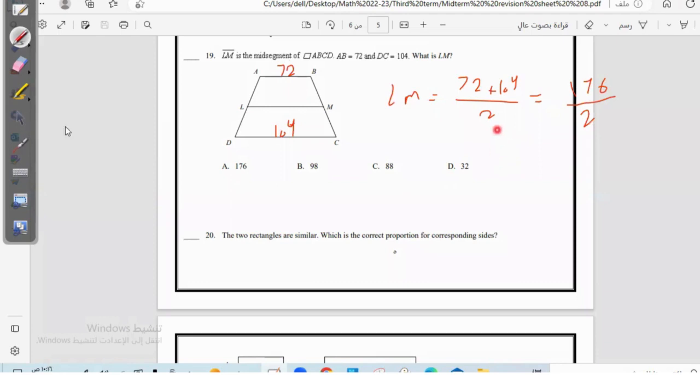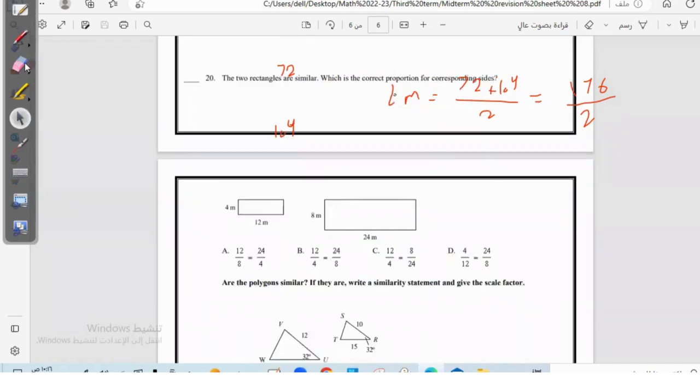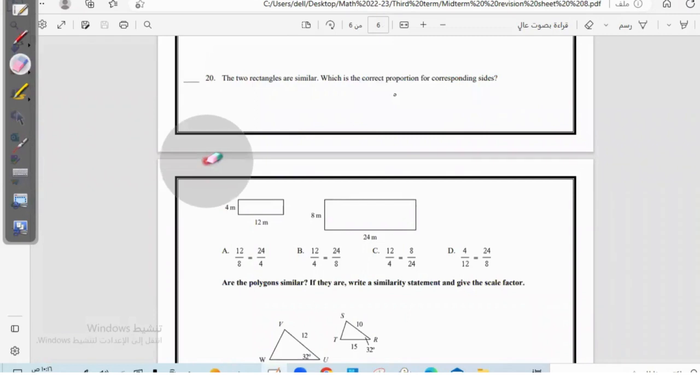Now, number 20. The two rectangles are similar. Which is a correct proportion for corresponding sides?